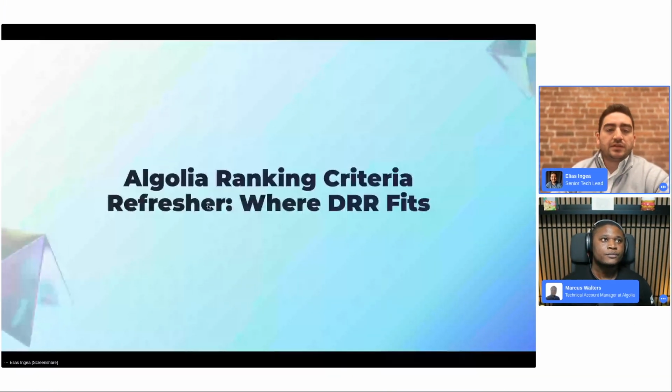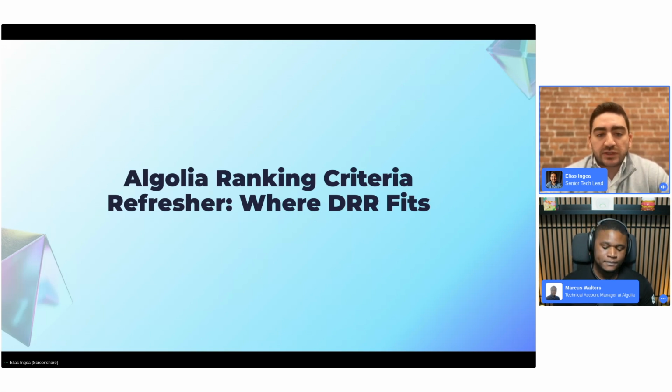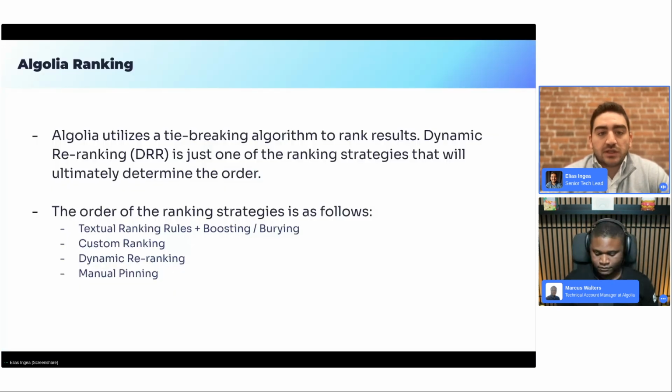the slides. So the next section here is really going to be talking about where DRR fits within Algolia's ranking strategy. And in order to do that, I wanted to talk about basically how Algolia does re-ranking or ranking in general, in order for us to understand where DRR would fit in.